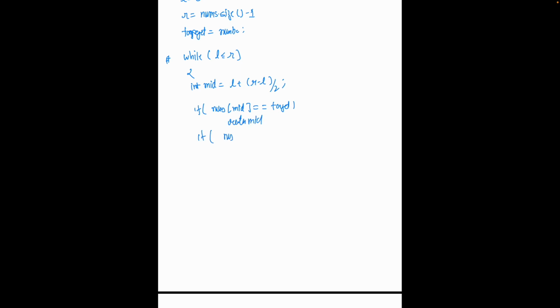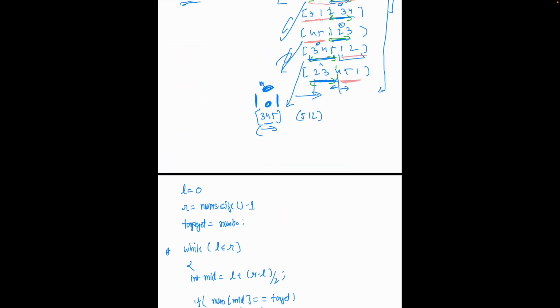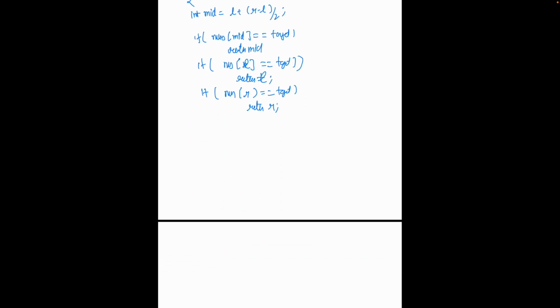We can also do: if nums[left] is equal to target, then return L. Same for the right part: if nums[R] is equal to target, return R. Now we've checked these three. The only thing left is, if the target doesn't exist here, we first have to see which side is sorted, and then see whether the target exists there or not.